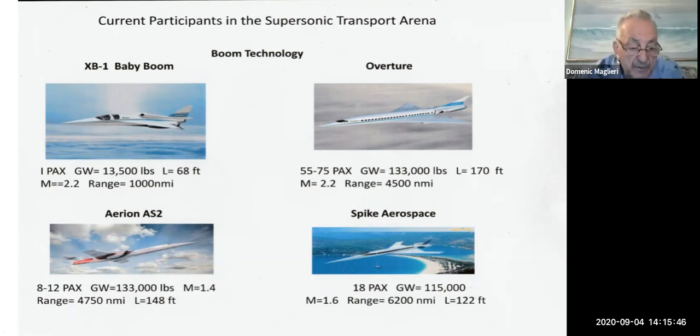Arion is a business jet, 8 to 12 passengers, Mach 1.4, again, a range of 4,500, and he's got 6,200 mile range at Mach 1.6 with a gross weight of 115,000 pounds, but I think it's pretty amazing anyhow. So let's just take a look at the interior of this particular vehicle.